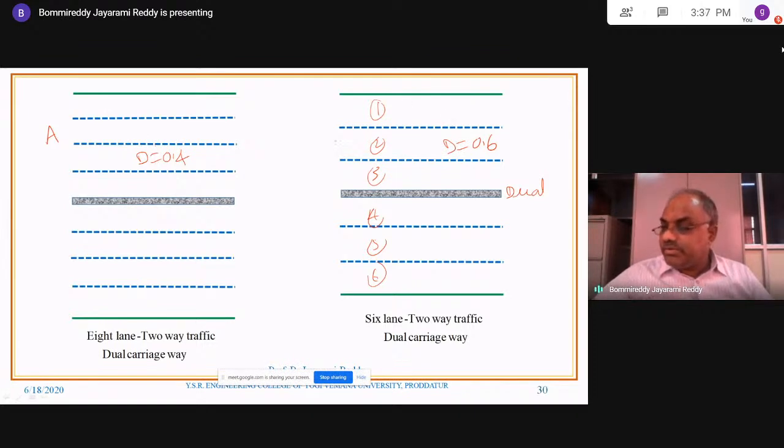And here A is the total traffic, the number of vehicles passing, multiplied by 0.6. Actually A would pass equally, assuming it is equal in lane 1, lane 2 and lane 3, but it is not going to be equal, and 0.6 considered means 0.6, 0.6, 0.6. That means 1.8 times the total traffic is being considered in this case, because the vehicles are moving from one lane to the other lane. So that's why we are considering more than the actual count of vehicles on the highway.